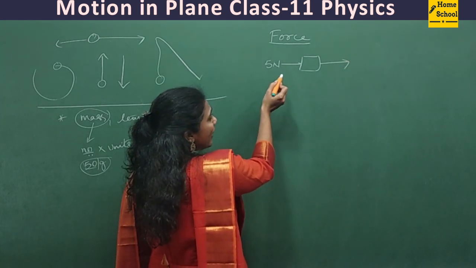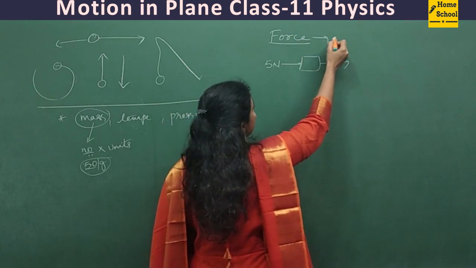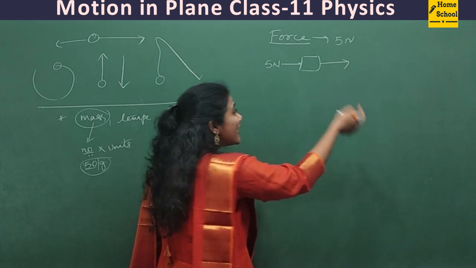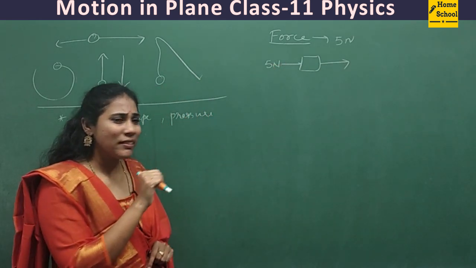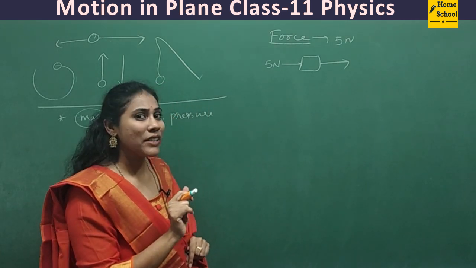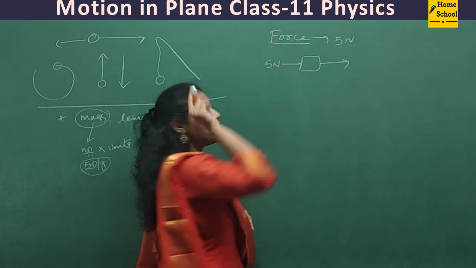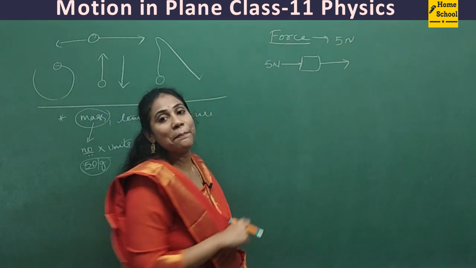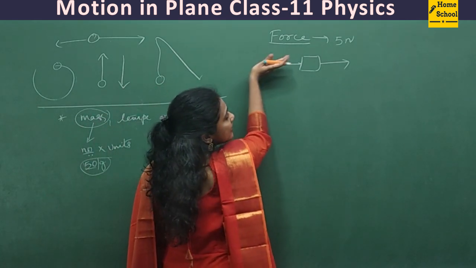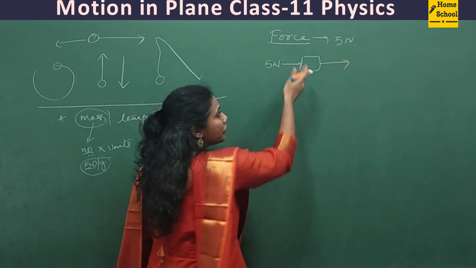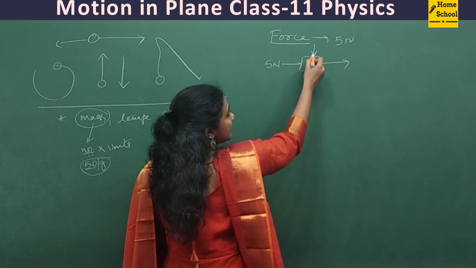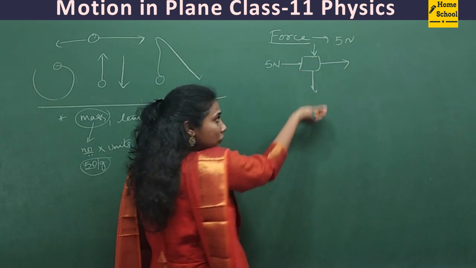But if I just tell you the force is 5 newtons that I applied on this object and it moved, is it complete information about the situation? No, the information is not complete. If you say in what direction you applied the force, then it is complete. So you must say, I applied 5 Newton force in this direction, so the object moved towards the right. If you apply a force in this direction, the object will move downwards.